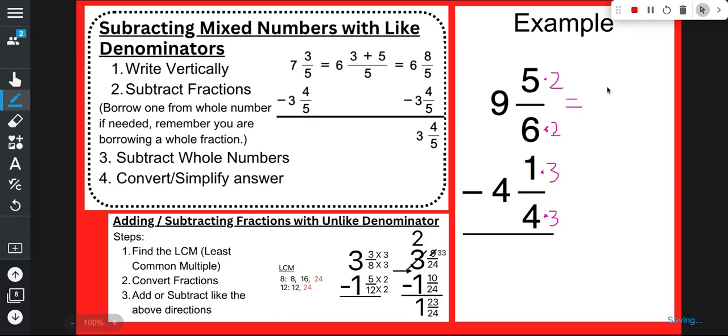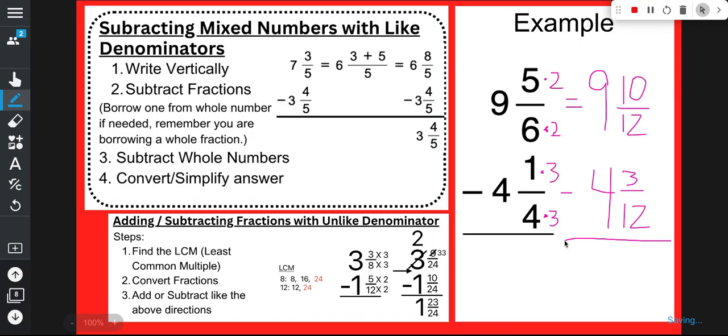This problem now is 9 and 10/12 minus 4 and 3/12. If my top is bigger than my bottom fraction, I can subtract, which it is. 10 minus 3 is 7/12.